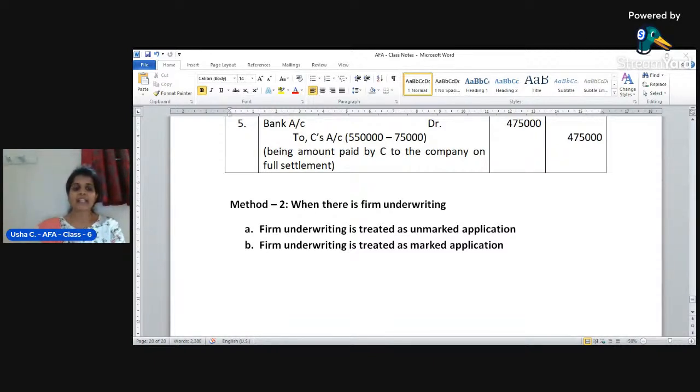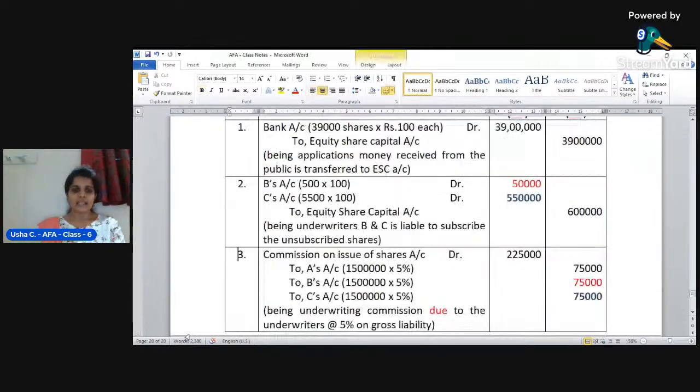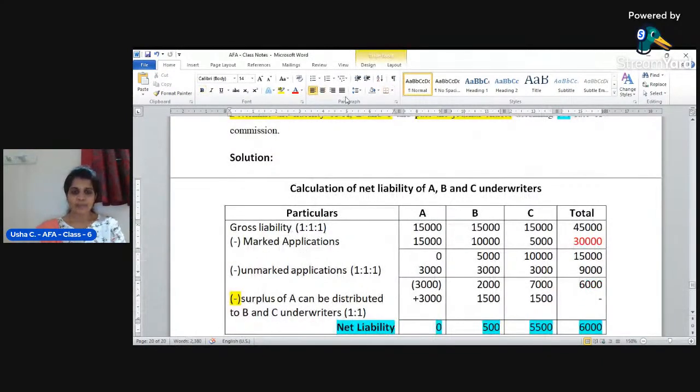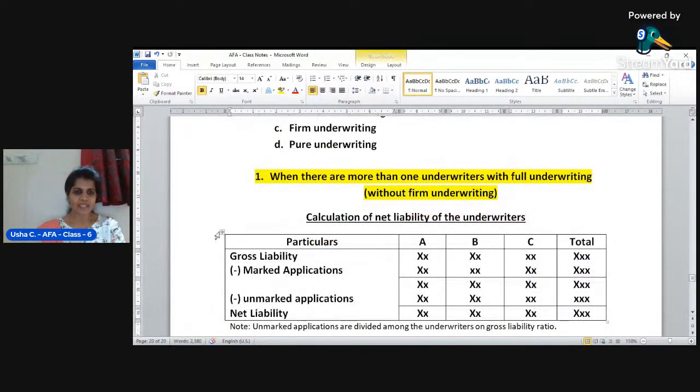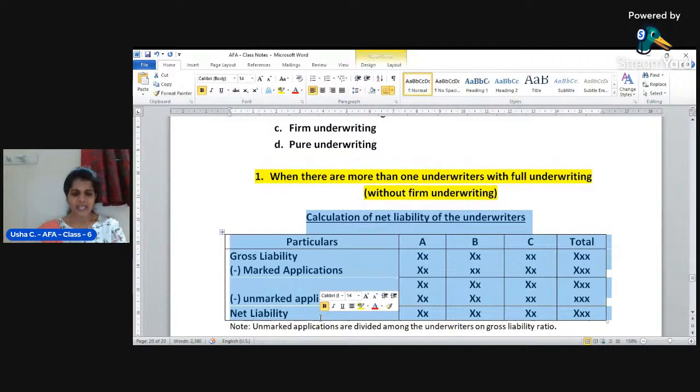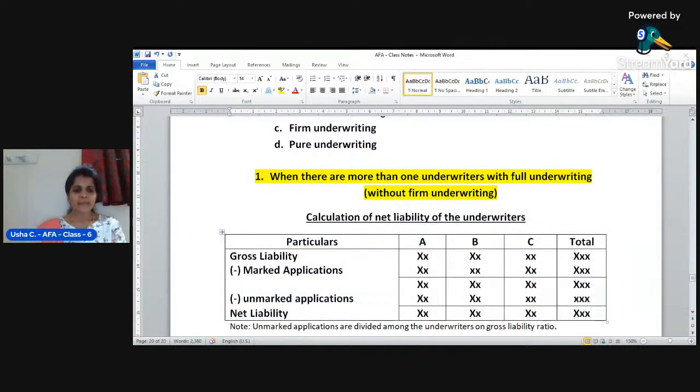When there is a firm underwriting, what extra do we have to do? Look here. This is the format we usually go for in calculation of net liability of the underwriter. Net liability can be calculated using this formula. What is that?